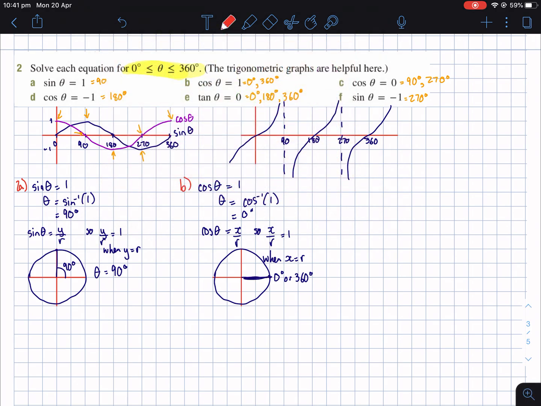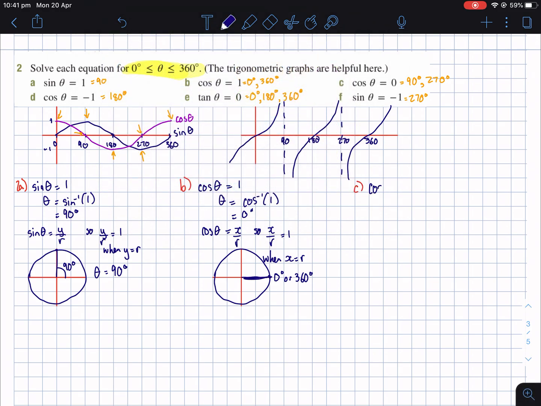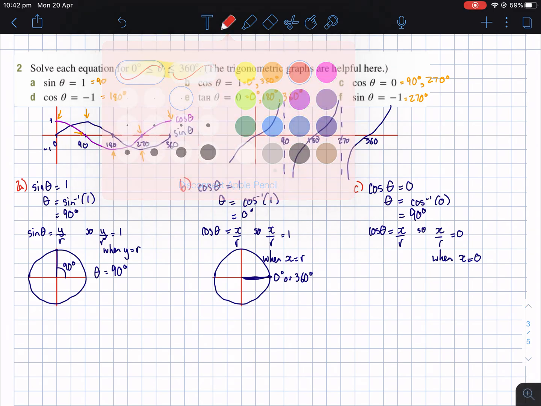For C, we've got cos theta equals 0. So theta is arc cos 0, which is 90. But cos theta is x on r, so x on r equals 0 when x equals 0. Now this is the tricky bit.